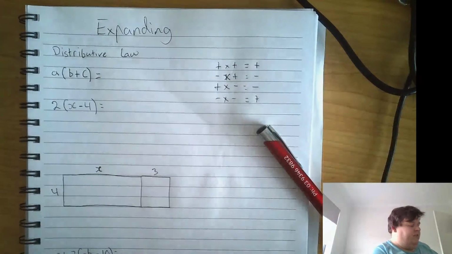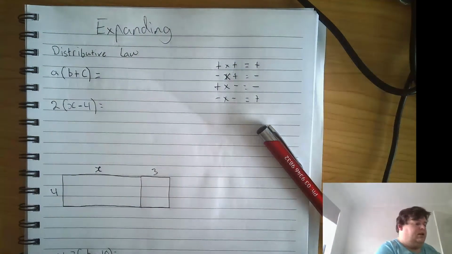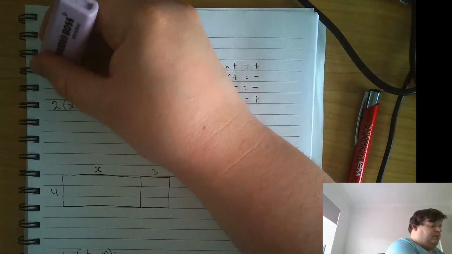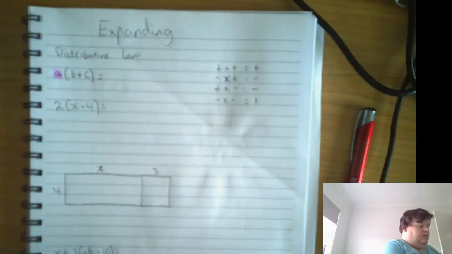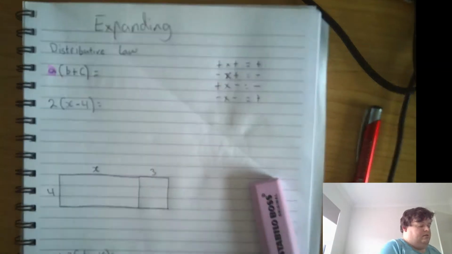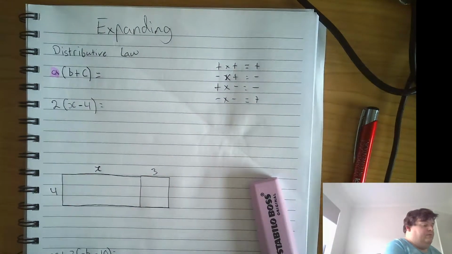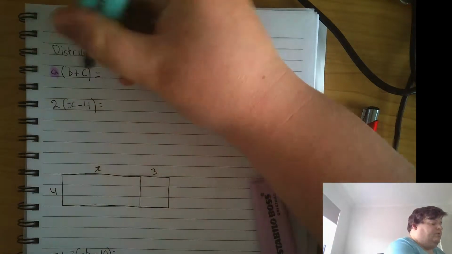Now, just so you can see where things are going, I'm going to color code these, just so you can see the difference between these values and where everything's going.